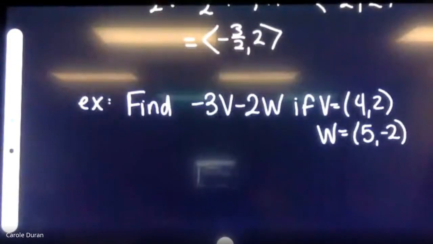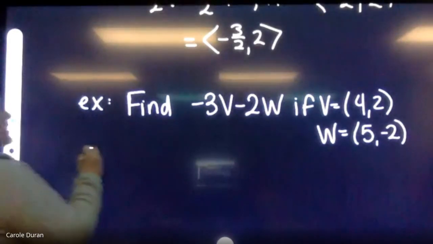So this time I have 2 vectors, v and w. Vector v is equal to <4, 2>. Vector w is equal to <5, -2>. And I would like to find -3v minus 2w. It's exactly like the previous examples, except now we have 2 vectors that we're multiplying a scalar into, and then we're doing their difference together.